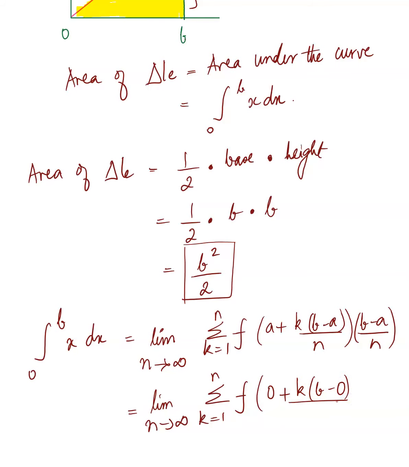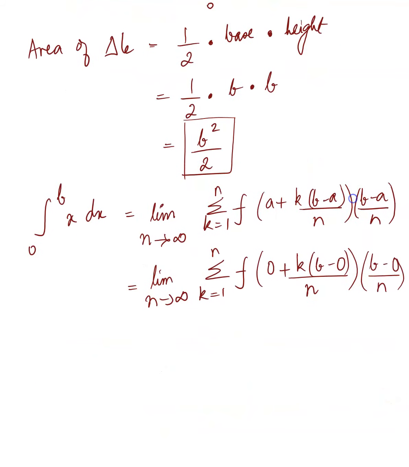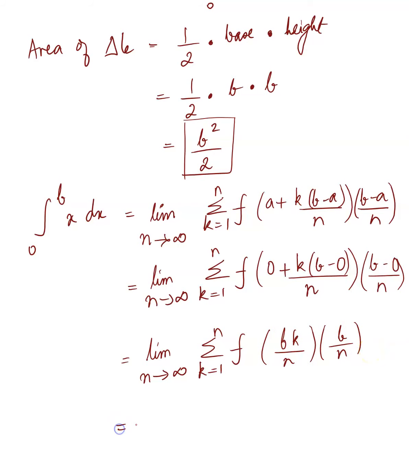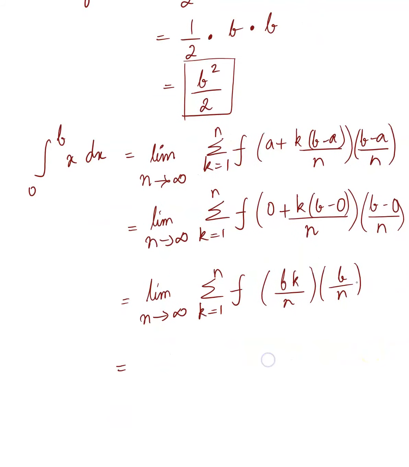We're going to keep the n as it is. Times b is b, but a is 0. F of bk over n. Now, before we plug in the function, we want to remove anything that does not involve k. I was hoping to move the b over n, but not yet.